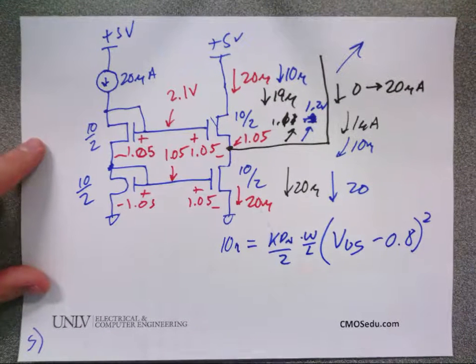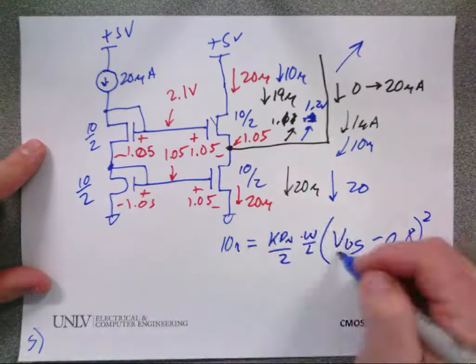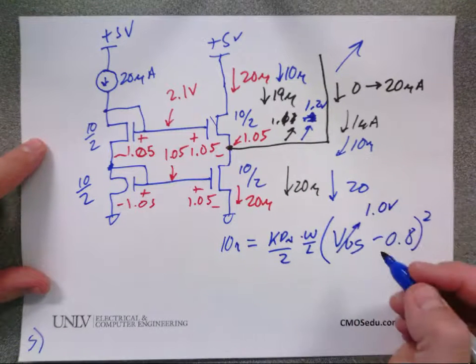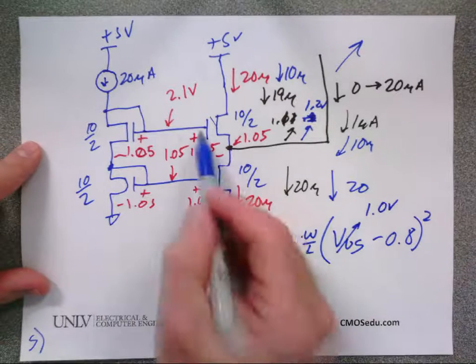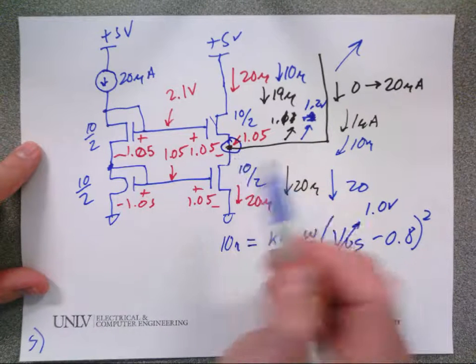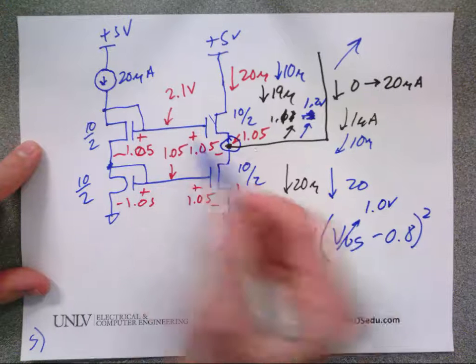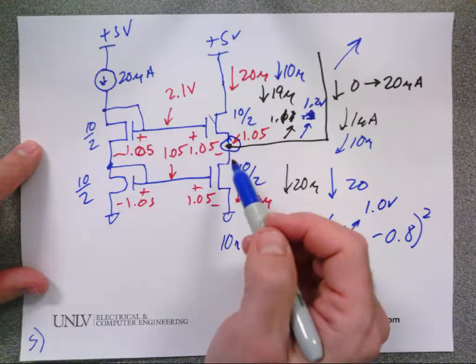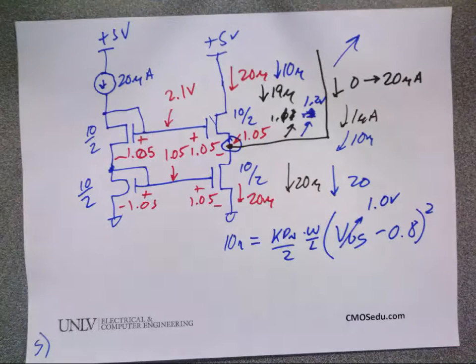If I ask you what's the voltage here, and let's say you solve for VGS is 1 volt. Okay? That's VGS. That's not the voltage here. The voltage here would be 2.1 minus the 1 volt, or 1.1. And that's where students will make mistakes, is they'll calculate the VGS and say, I'm done, and then they won't do the subtraction and get the actual voltage.